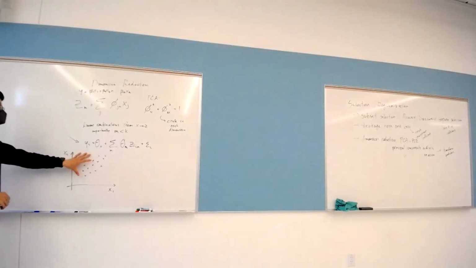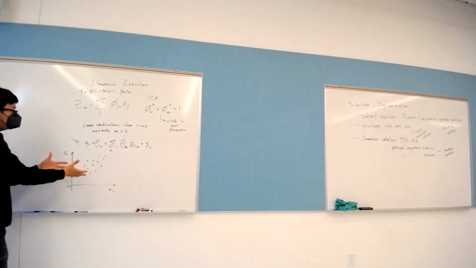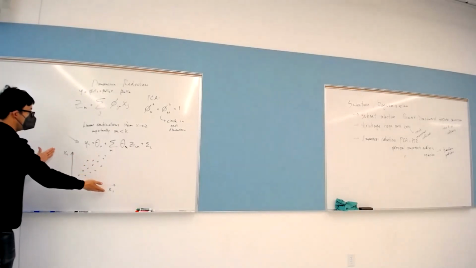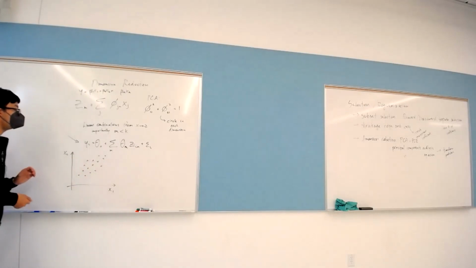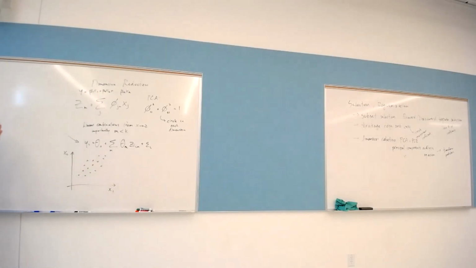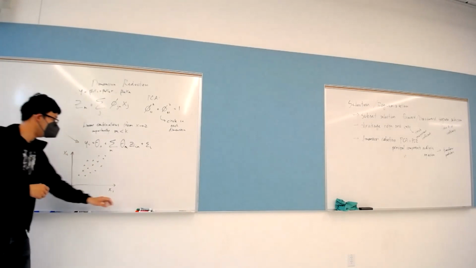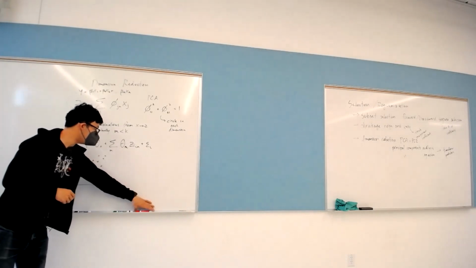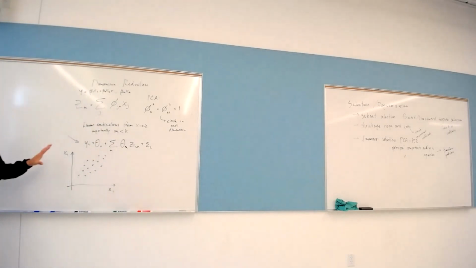You can imagine that the variation between these two guys is helping to explain some of the stuff that's happening in Y, okay? And what dimension reduction does is it leverages that variation.